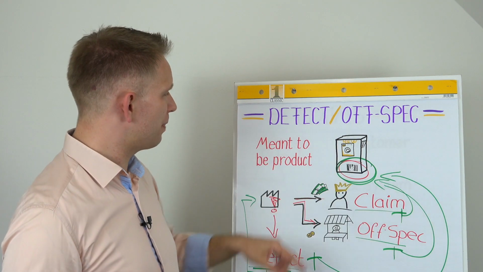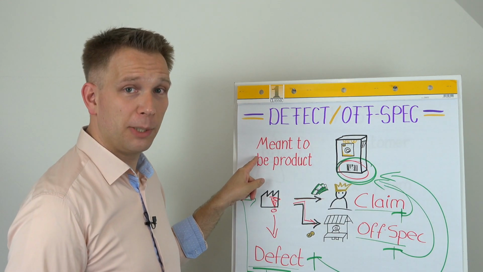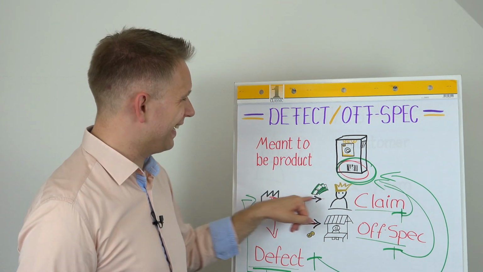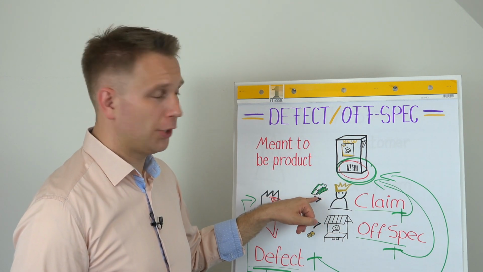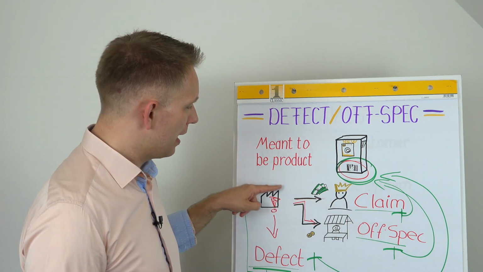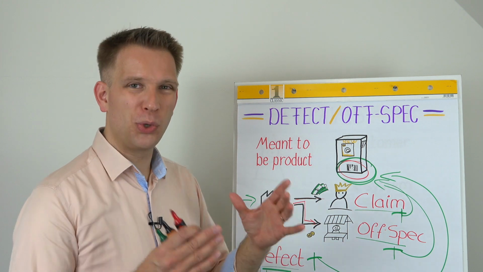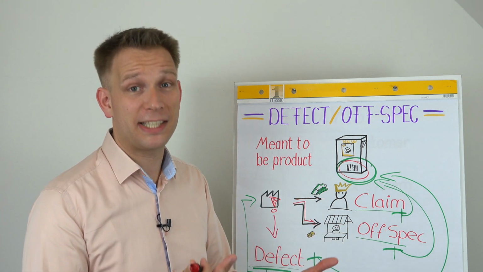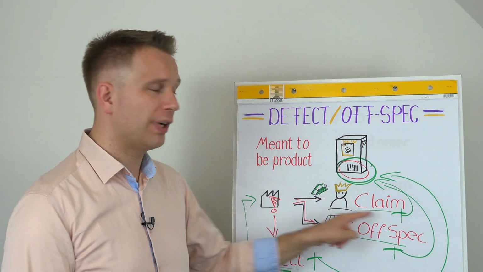So defects and off-spec, they were meant to be a product, but something went wrong. If it gets to your final customer and they notice, you'll probably get a claim. We'll talk more about that in the next video. If you sell them because you know they're not up to spec, and you sell them to a customer who is willing to pay something for it, this is really already a quality loss.